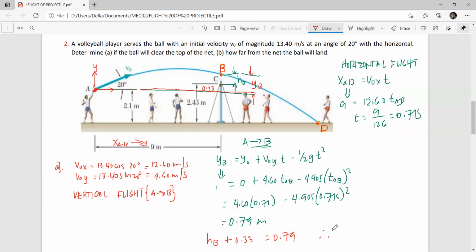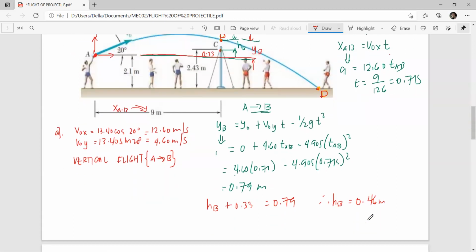Therefore, HB is equal to 0.46 meter. So we can say that the ball will clear the net by 0.46 meter. That is the answer.